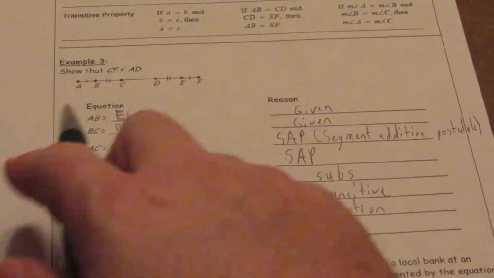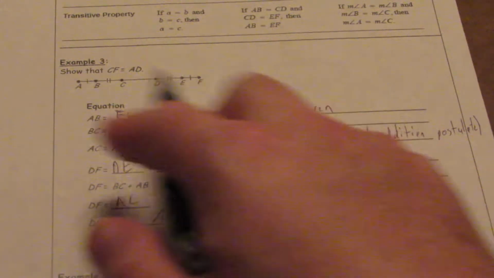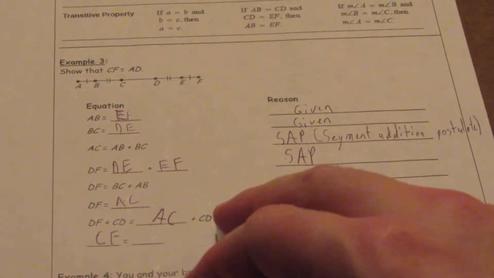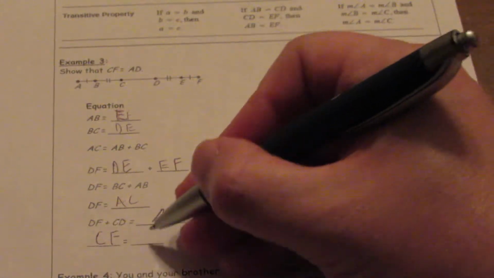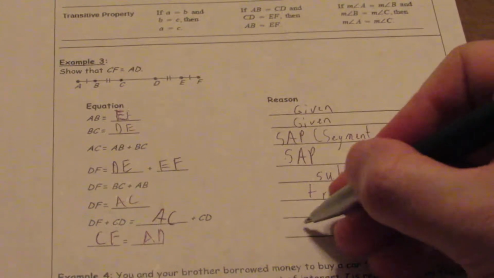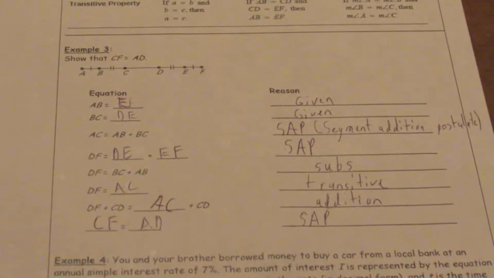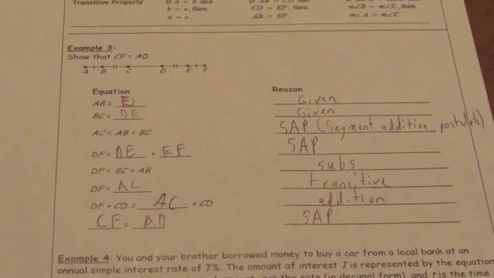And then DF plus CD, that is CF. AC plus CD, that is AD. And that again is segment addition postulate. In the next section, we go over these rules some more. We'll look at proofs some more. But that is how our proofs work.